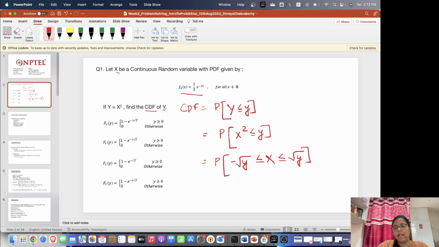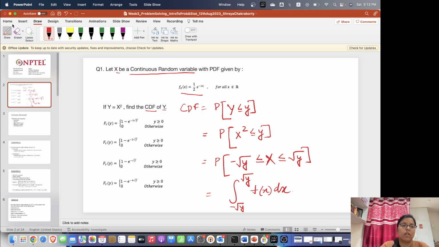Now we have to find the probability that x lies within this range, and we are given the PDF of x. Then how can we write this? This can be written as integration. Since this is a continuous random variable, we can write this as integration from minus root y to plus root y of fx dx.